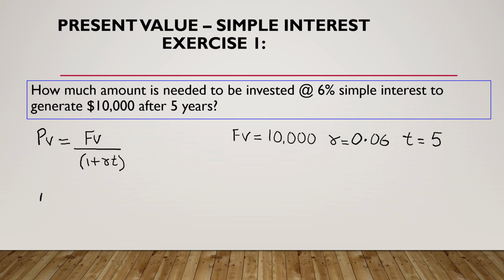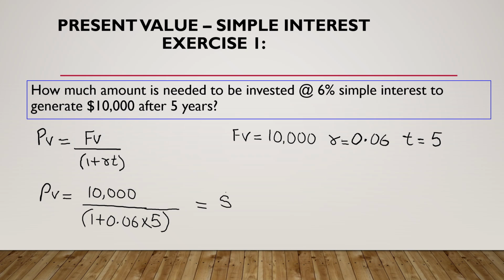So now we will substitute it in the formula. Present value is equal to 10,000 divided by 1 plus R, the rate of interest, 0.06 multiplied by time. Time is 5. So when we calculate, we get the answer.